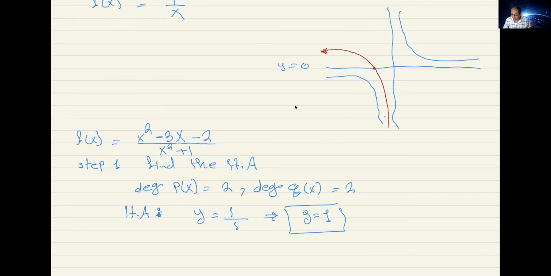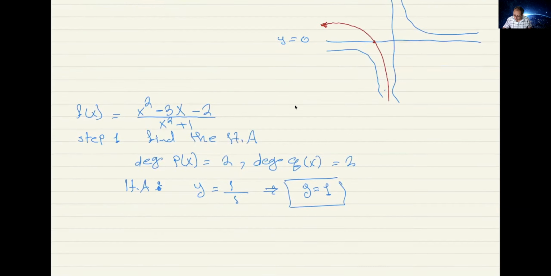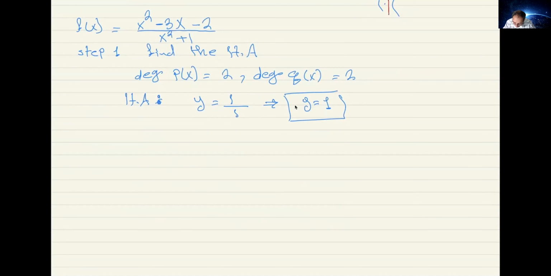In this way, to find the x value, I set y to the value of the horizontal asymptote. So here in my example, y equals 1. In order to find the x value where the function crosses the asymptote, I have to set the function equal to 1. Okay, so let's do that.